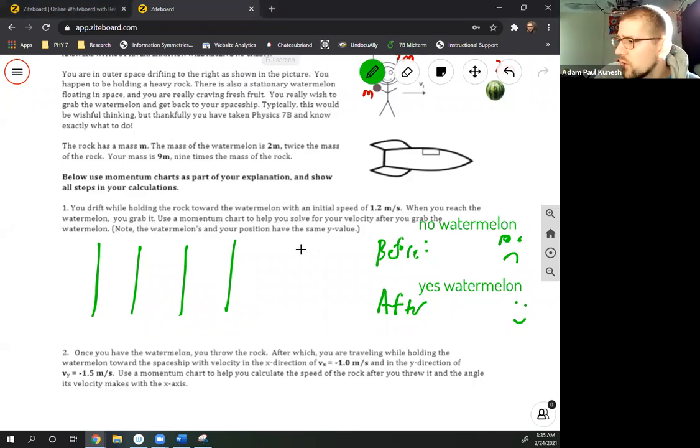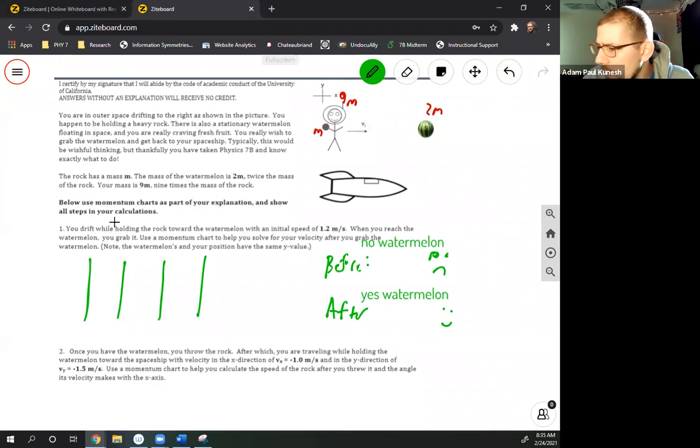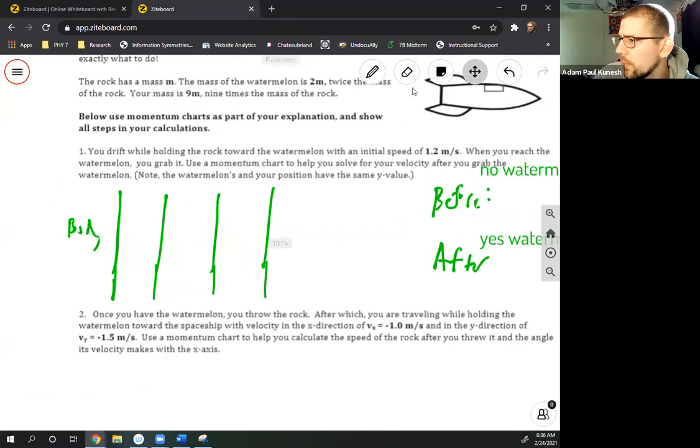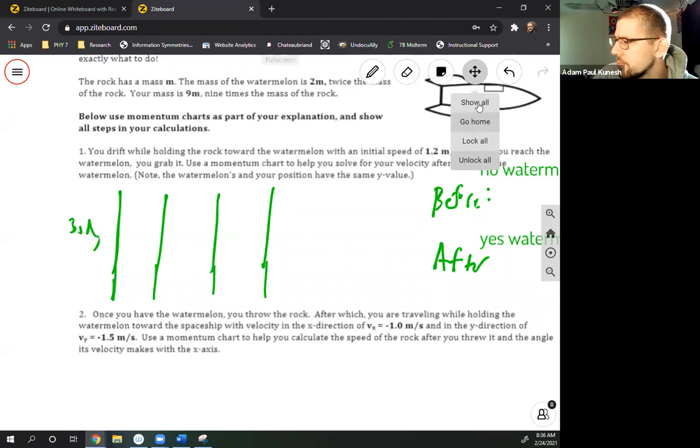Okay, 1.2 meters per second to the right initially. So my initial momentum vector for just my body points to the right and has a magnitude that is 1.2 times 9. Let's do the rock in there as well.